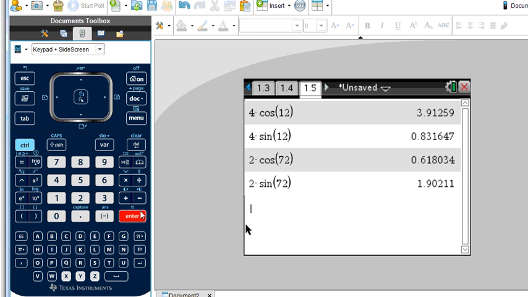We get this. So we have x2 minus x1, we'll say 0.618, we'll go to 3 decimal places, minus 3.913, so that's x2 minus x1, and then we're going to have 1.902 minus 0.832.